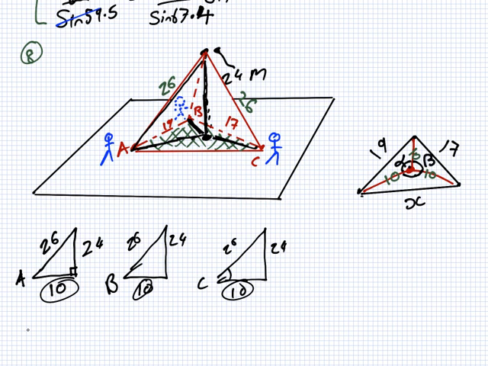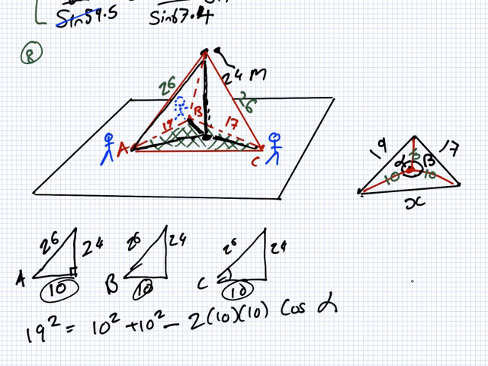So I can say 19 squared equals 10 squared plus 10 squared, plus or minus, I forget. A squared equals b squared plus c squared minus 2 times 10 times 10 cos alpha. Can I know alpha? Yes.